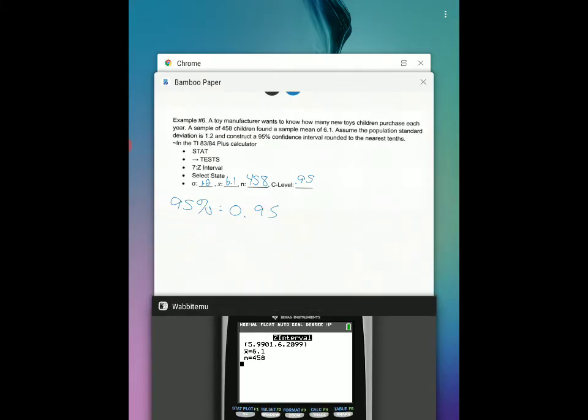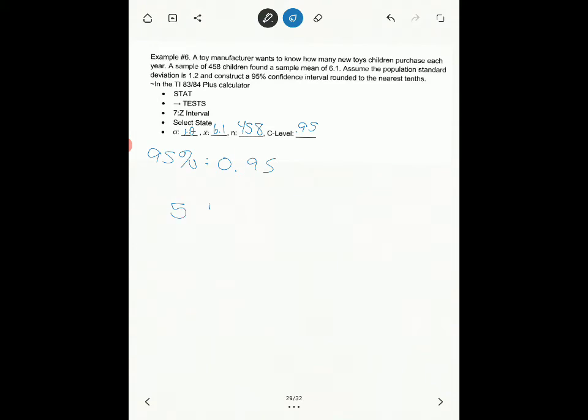So the 5.99 rounds to 6.0. We have to round to the nearest one decimal place. So this 9 bumps that 9 up. You add 1 there, becomes a 0 and a 1 here. So you get 6.0 is less than the mean is less than, and the 6.2099 rounds to 6.2.